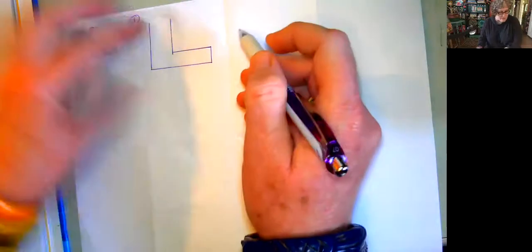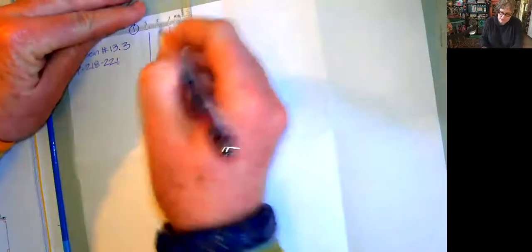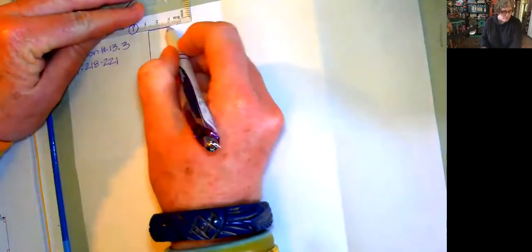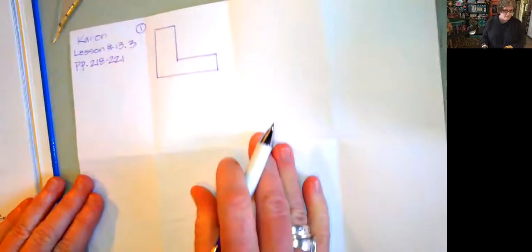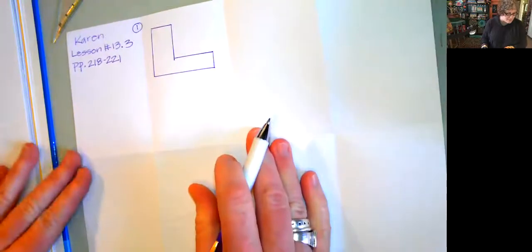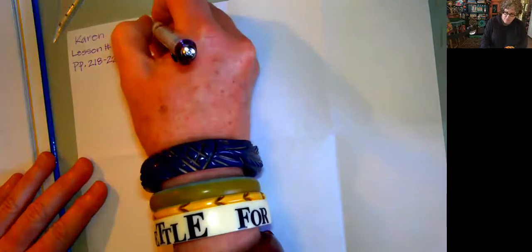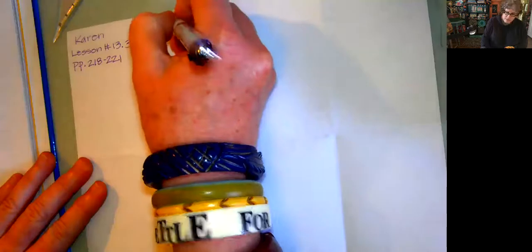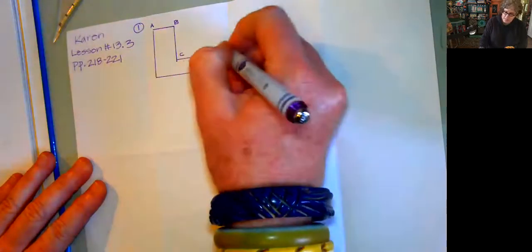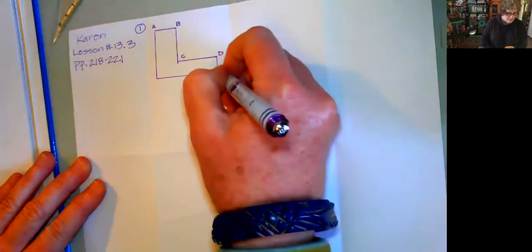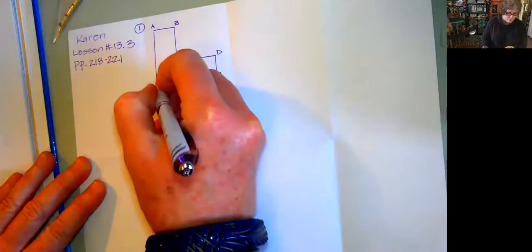It doesn't have to look exactly like the one in the book, as long as you can use it to figure out what measurements are missing. So we're going to find the perimeter of A, B, C, D, E, F.